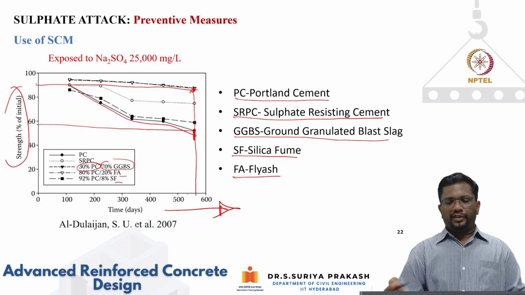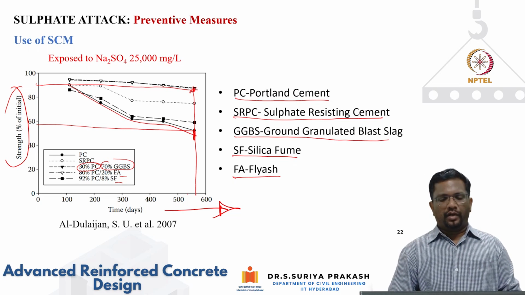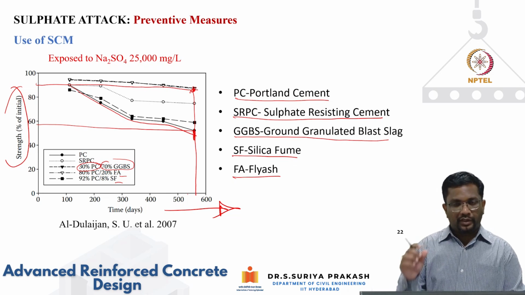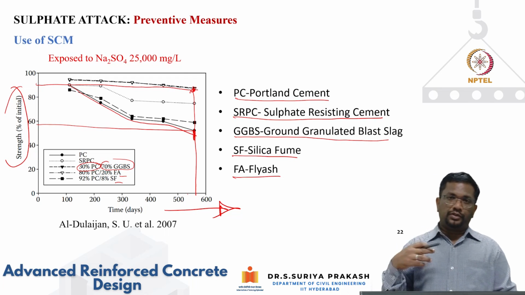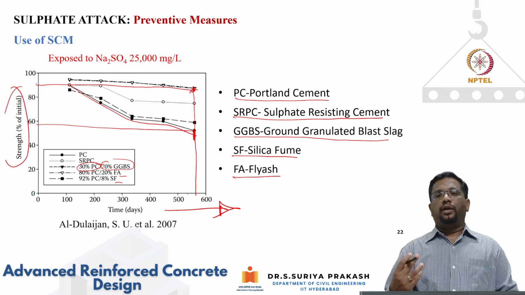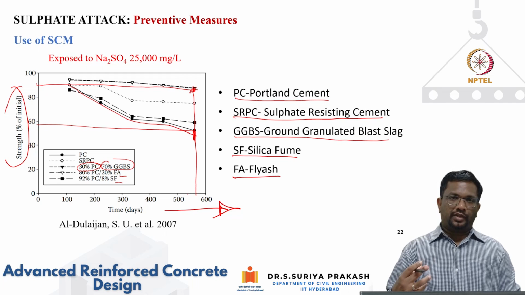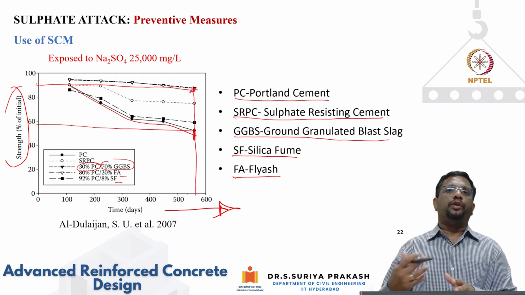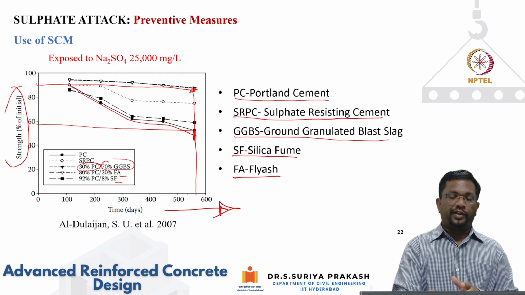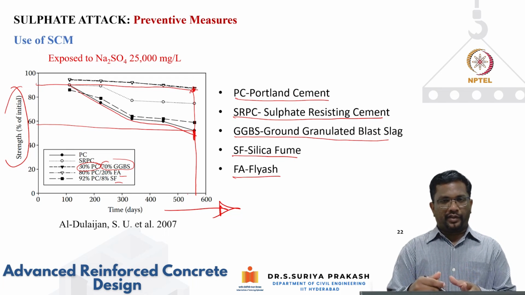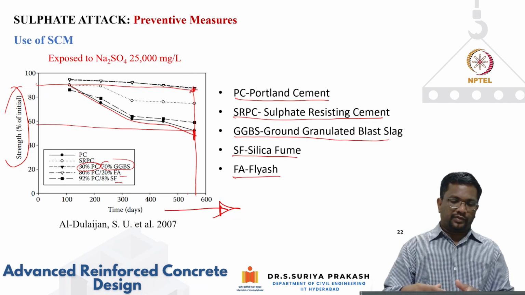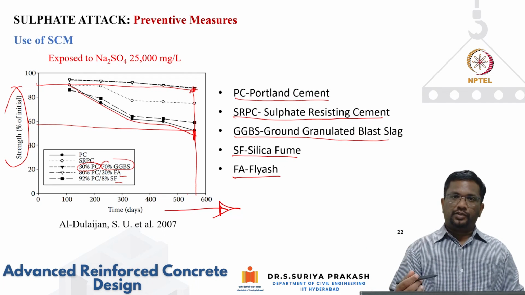By adding silica fume, the reduction is not much from the sulfate point of view, but you also have to see that silica fume is going to densify your microstructure and make the concrete more impermeable. So you are not looking only at the chemical sulfate effect here, but it will not let the sulfate from an external source enter as well. So in that way, it is going to be beneficial.